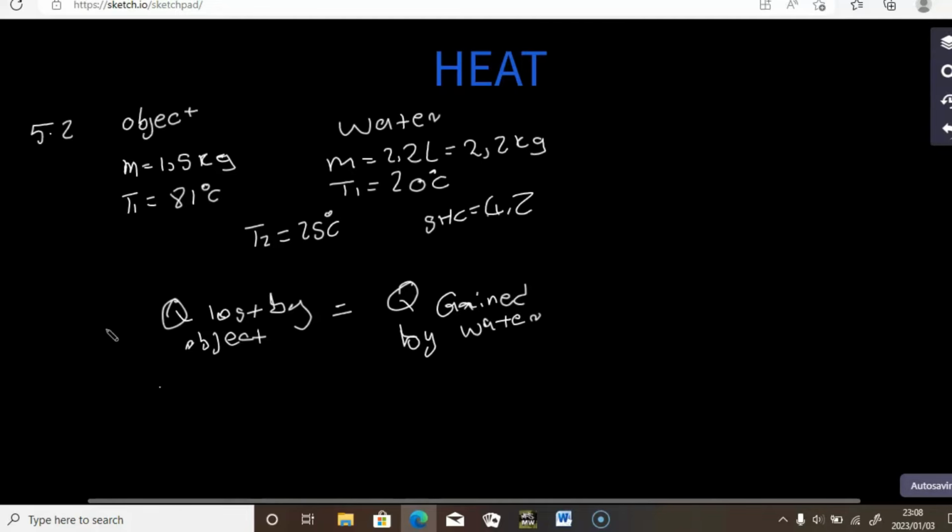So we know heat energy is what? Mass times specific heat capacity times change in temperature.